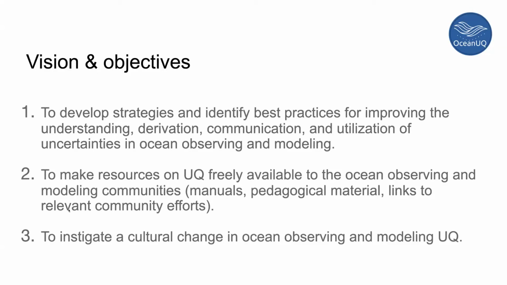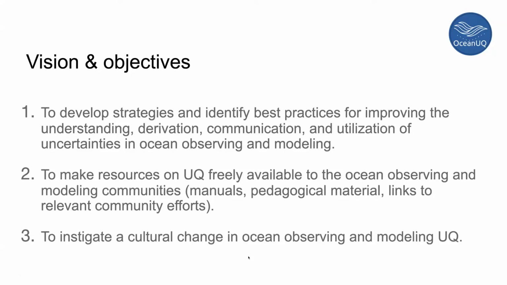More broadly, our third objective is the very big one, which is to try to instigate a cultural change in ocean observing and modeling UQ. So really push the community toward recognizing that data is much more valuable, if you're being aggressive, you might say only valuable, if it has an associated uncertainty.